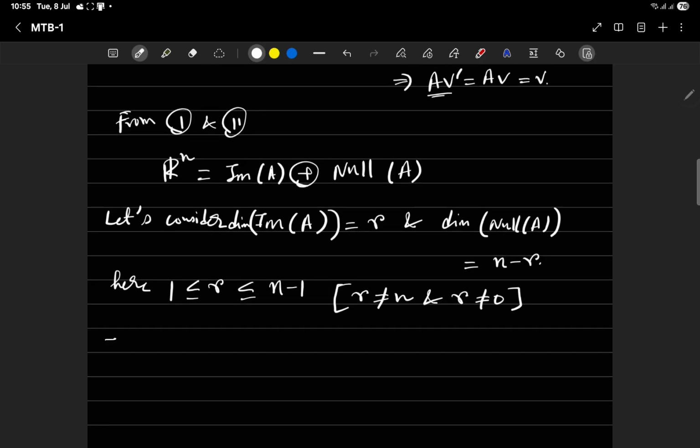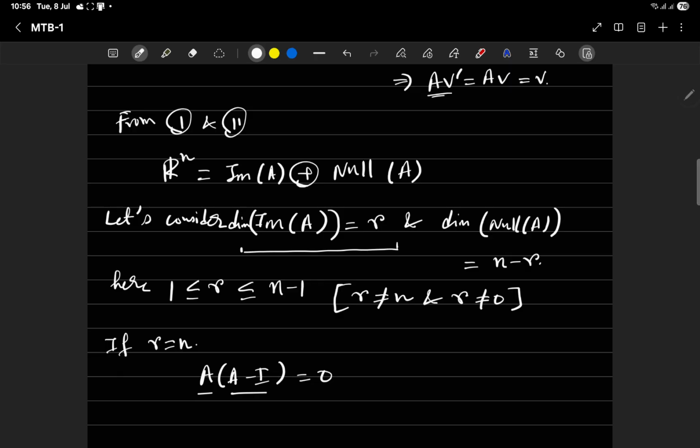If R is equal to N, then what will happen? The image would be of dimension N and nullity would be 0, right? Null space would be 0. But if null space is 0, that means A is a bijective map. And you know A is diagonalizable, every projection map is diagonalizable because its minimal polynomial splits into linear factors.